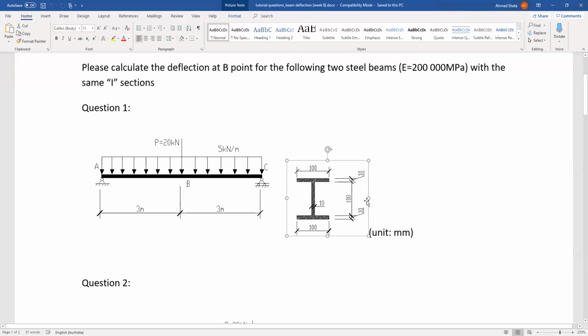So I will now start solving this with you.